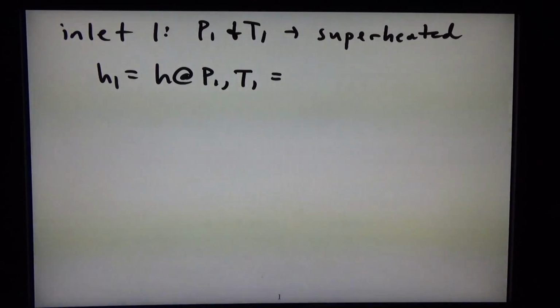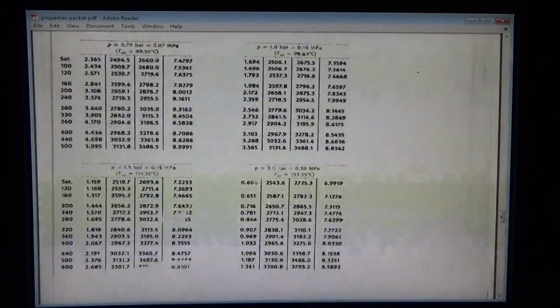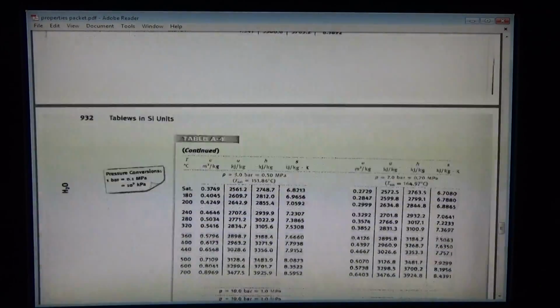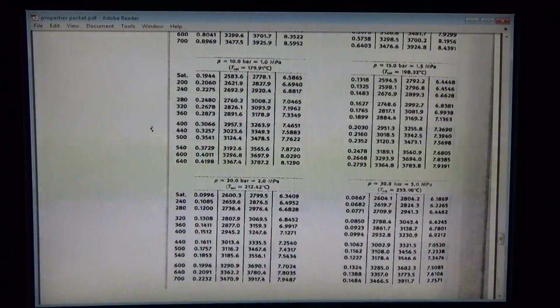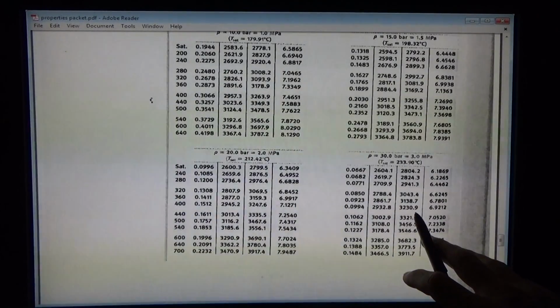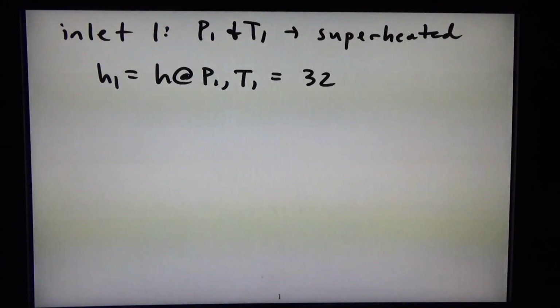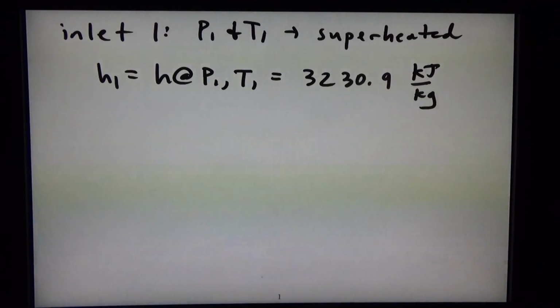So our H value, we just need to go to the superheated tables, find 30 bar subtable, and get the value of H at 400. So that's going to be right here, 3230.9. Alright, so that's H1, that was easy enough.